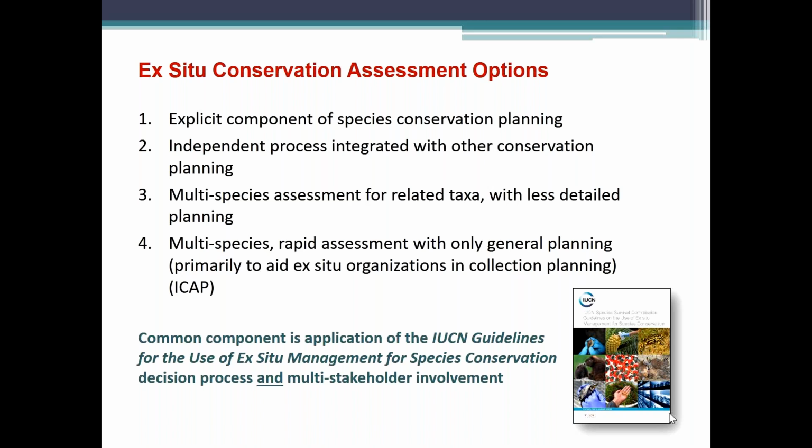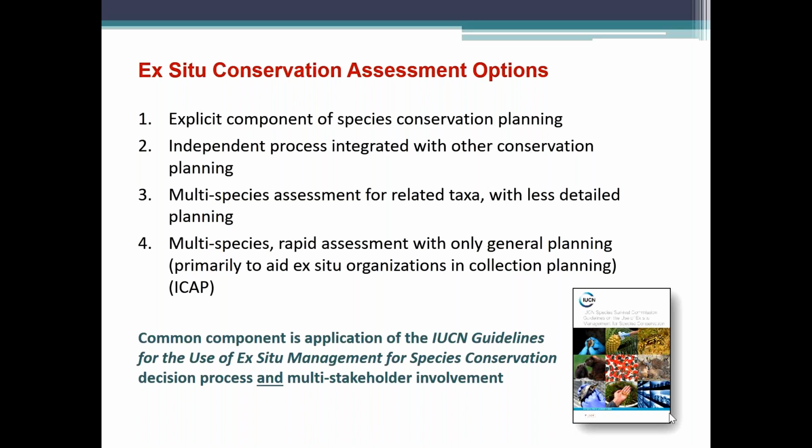You could do a multi-species assessment for just a few related taxa that have a similar threat and situation. And maybe, depending on your time, you might go into less detailed planning of how you would actually implement those programs. And then you could do a much larger multi-species rapid assessment, doing the rapid assessment and just some general planning of which way to move forward.